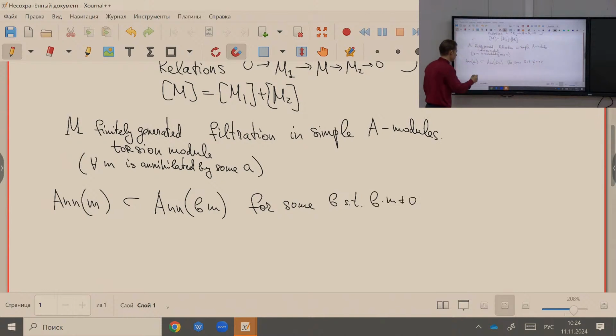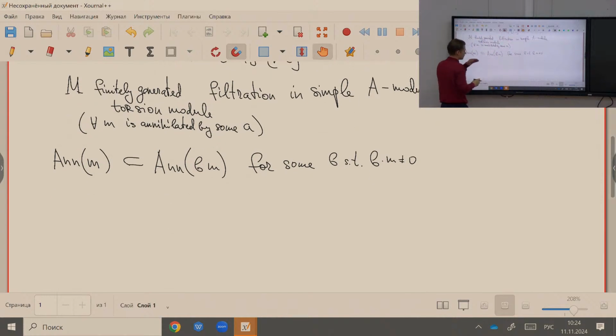I claim that since we have the Noetherian assumption, we can take a maximal element in the chain of such annihilators.